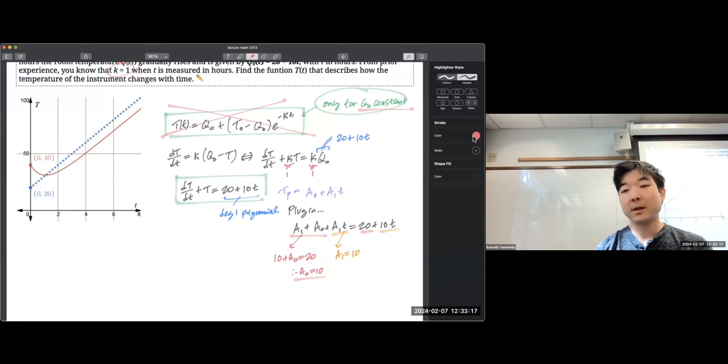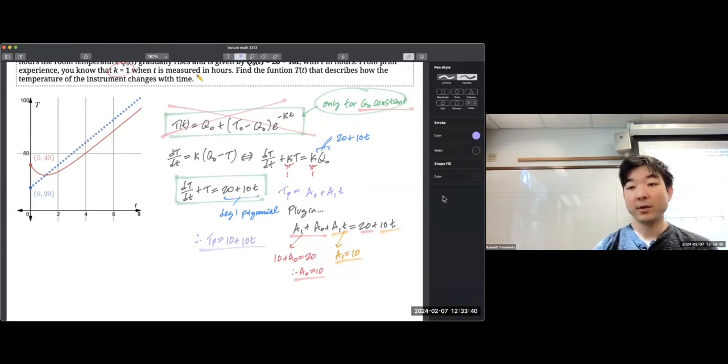So we got this, and we got this, and so therefore our particular solution is just going to be A naught is 10 plus A1 is also 10. So this will be our particular solution.